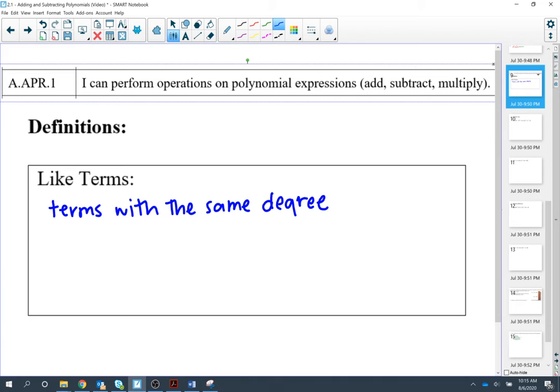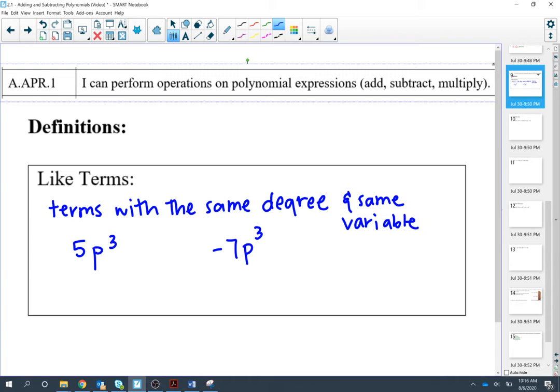So, for example, if I had a 5p cubed and a negative 7p cubed, those are both p's and they're both cubed. So not only are they terms with the same degree, they have the same variable. The 5p cubed and the negative 7p cubed are like terms because they have the same variable and the same degree.